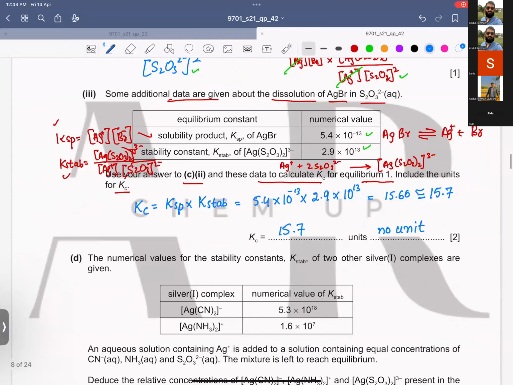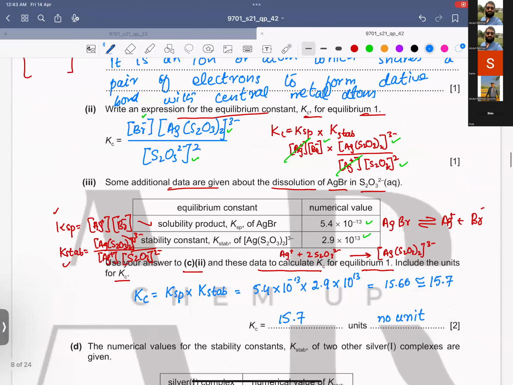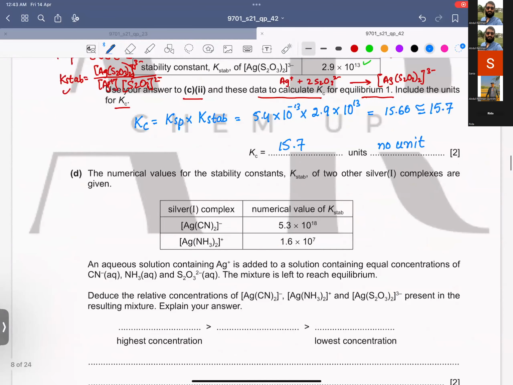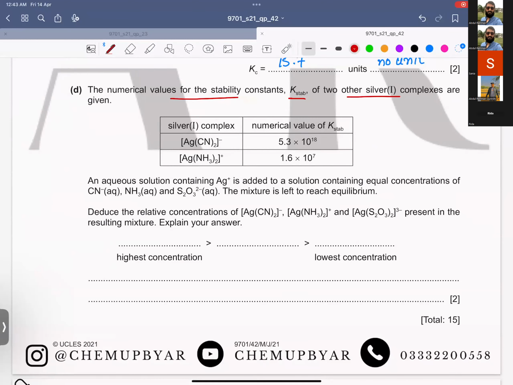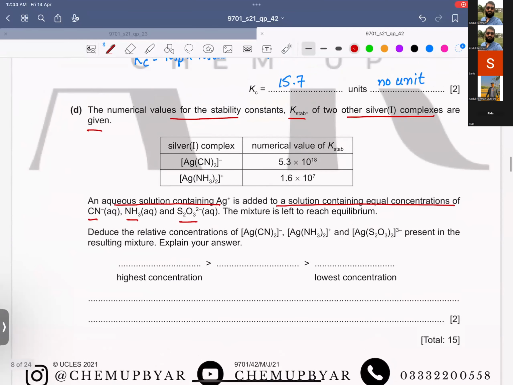Now, the numerical values for the stability constant K step of the two other silver 1 complexes are given. An aqueous solution of Ag positive is added to a solution containing equal concentration of cyanide, ammonia, and thiosulfate. The mixture is left to reach equilibrium.